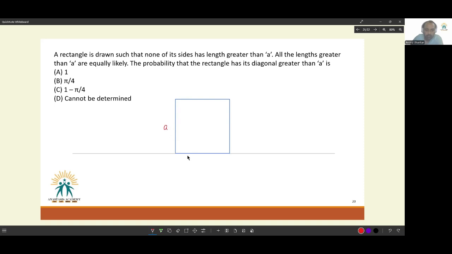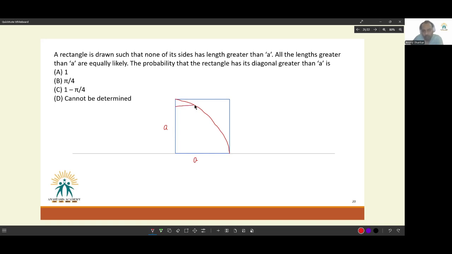See, if this is A, this is A. I'm drawing a quarter of a circle here. A rectangle is drawn such that none of its sides has length greater than A. The probability that the rectangle has diagonal greater than A.